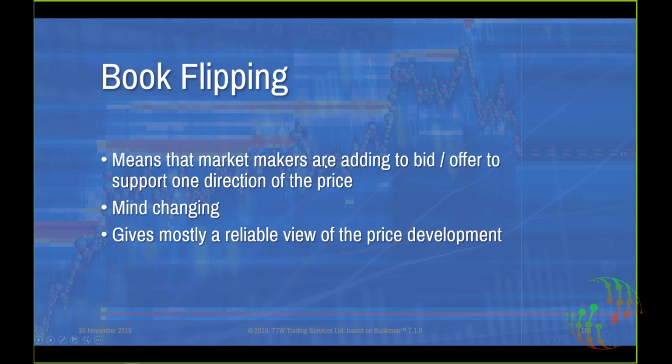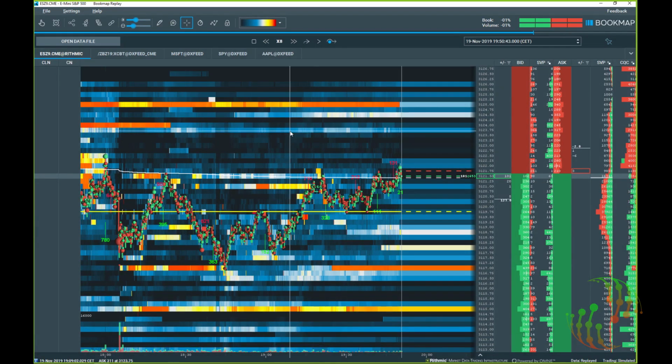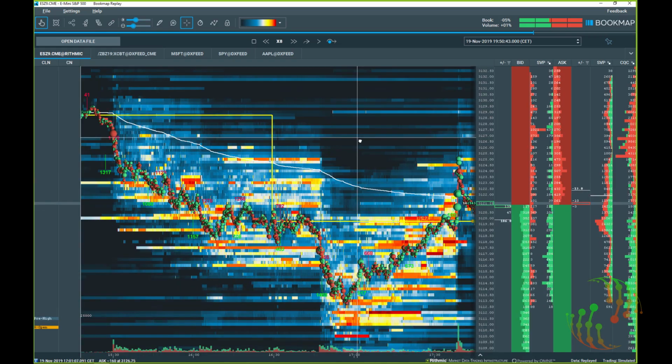Okay, book flipping. We also talked about book flipping because it means that market makers are adding to the bid or offer to support one direction of the price. Mind changing gives mostly a reliable view of the price development. Let's go to the live example where we talked about the sweep. Let me find this position here.